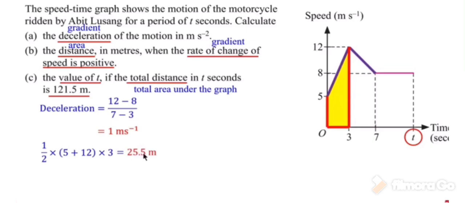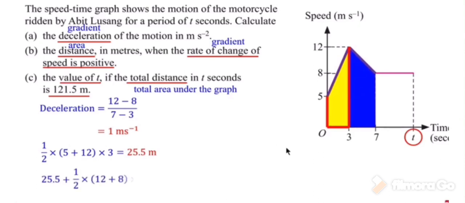So we need to find another trapezium. Okay, if possible you highlight it so that you can see the A and the B. So it's a blue color trapezium. So now we want to add all the areas, the yellow and the blue trapezium. So the area for the trapezium is 1/2 times 12, plus the shorter one is 4, times 7 minus 3, which is 4.